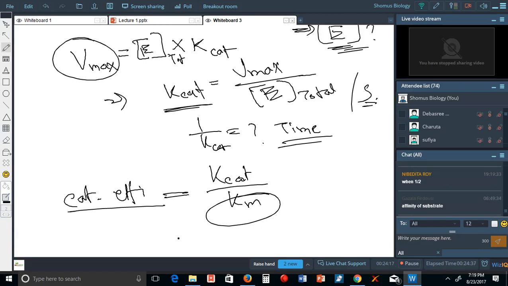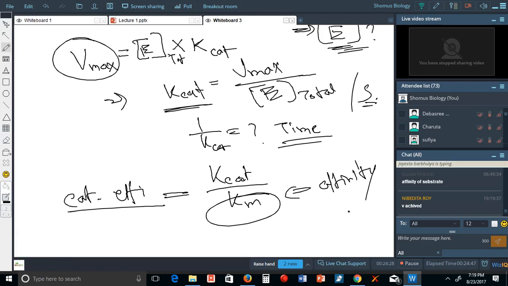So what does Km signify? It signifies the affinity of the enzyme towards its substrate.